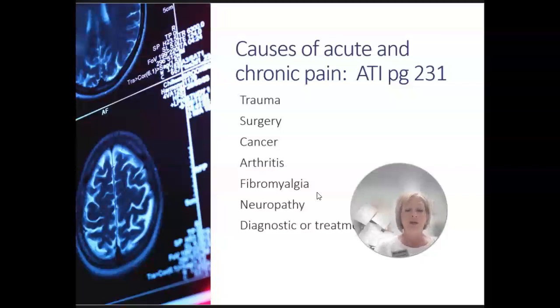Cancer can be acute or chronic. Arthritis can be the same thing. Fibromyalgia, neuropathy, all of those can be chronic pains, but they could also be acute pain. Sometimes patients that have fibromyalgia can get it under control, and then all of a sudden it comes back again. Your patients that have sickle cell anemia can have acute and chronic pain.